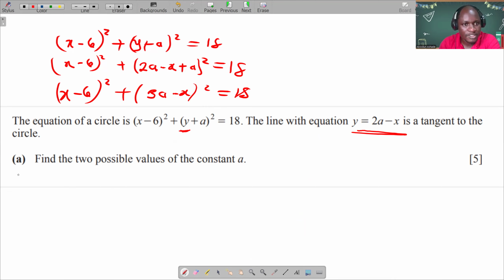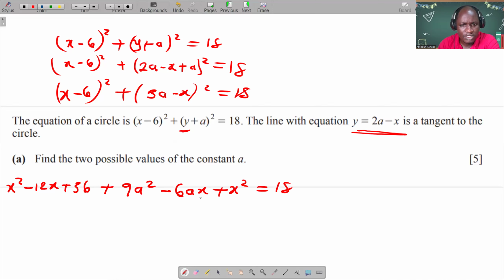Expanding (x minus 6) all squared gives x squared minus 12x plus 36. Plus, expanding (3a minus x) squared, we have 9a squared minus 6ax plus x squared equals 18.